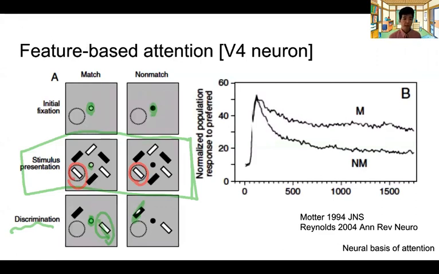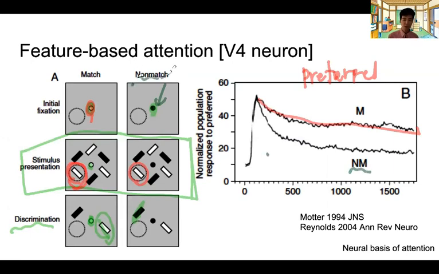So when the neuron's preferred stimulus was presented, here, and the task instruction matches the feature of this preferred stimulus, then the firing rate is very high and sustained. However, when the unpreferred stimulus is attended here, it's a non-matching situation.